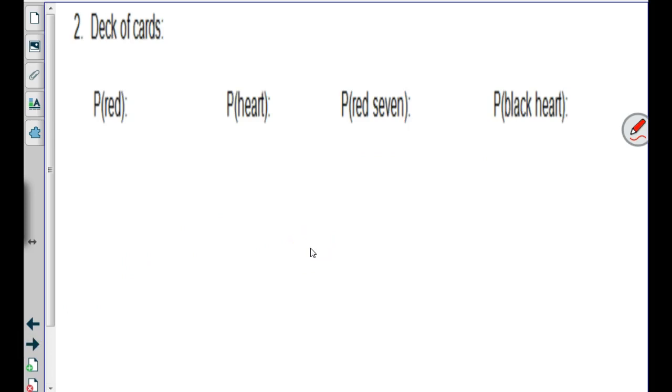All right. How many of you are not familiar with a deck of cards? I always hesitate to ask deck of cards questions just because everybody is pretty familiar with what a deck of cards has. Okay, so there's 52 cards. You have ace, 2 through 10, jack, queen, and king.